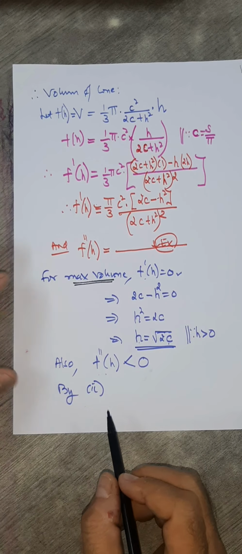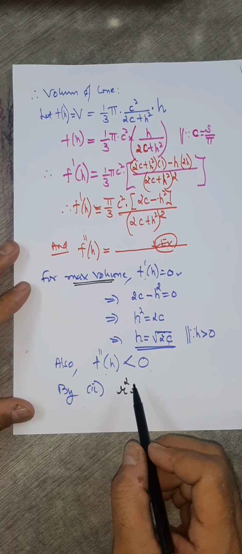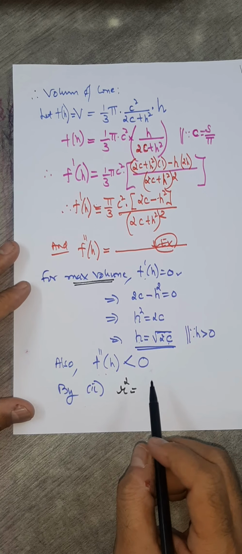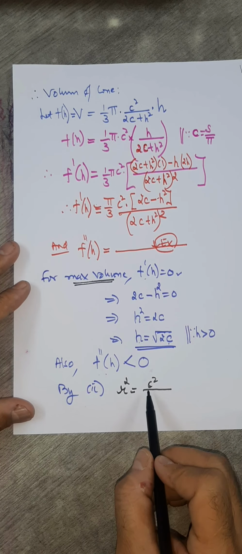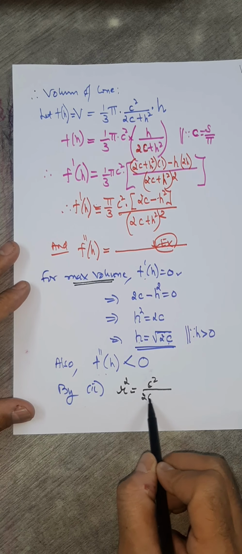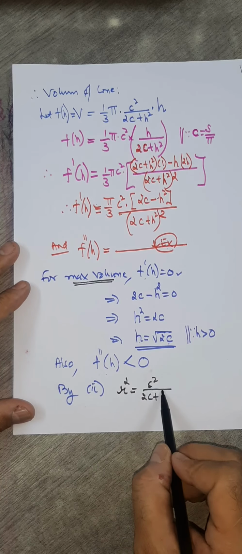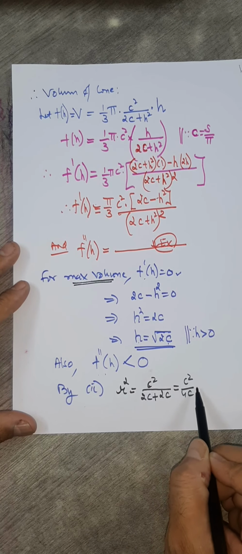Okay, now by 2 you have r square equals c square upon what you have there, 2c plus h squared. What is h squared? That is 2c. So from this we'll get c square by 4c.